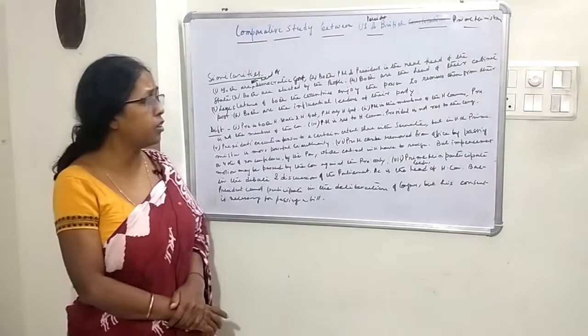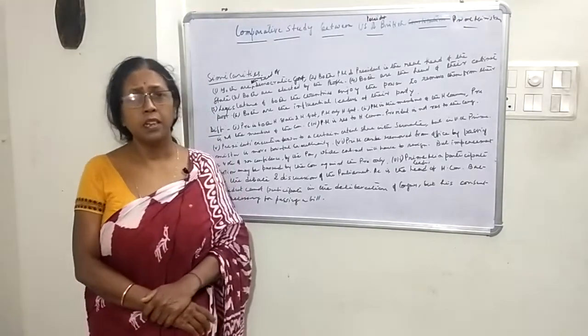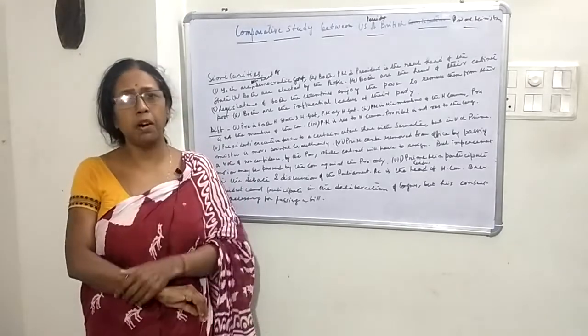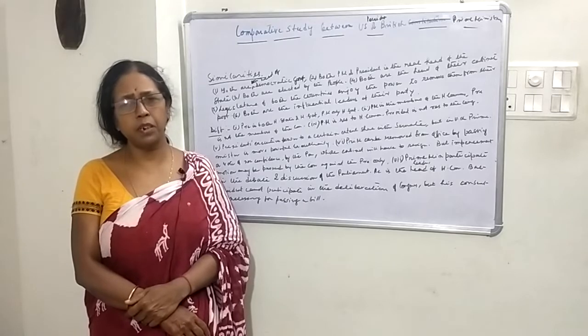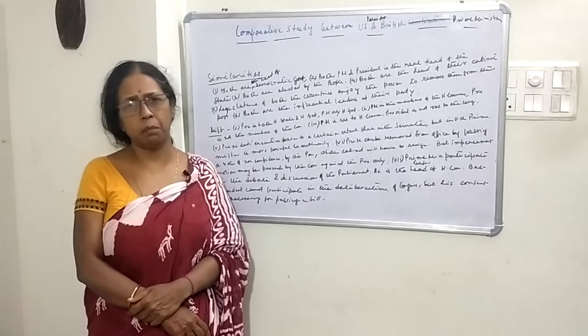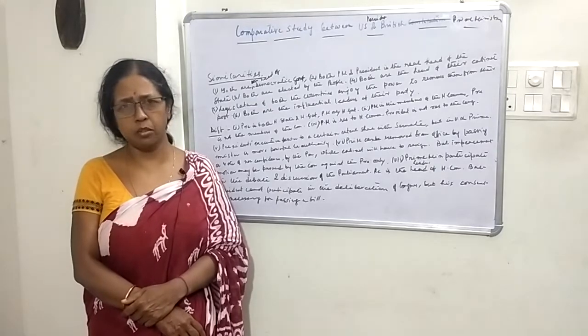Then, the legislature of both countries enjoys the power to remove them from office. In Great Britain they have a parliamentary form of government, and generally the executive, that is the Prime Minister, is responsible to the lower house, the House of Commons.